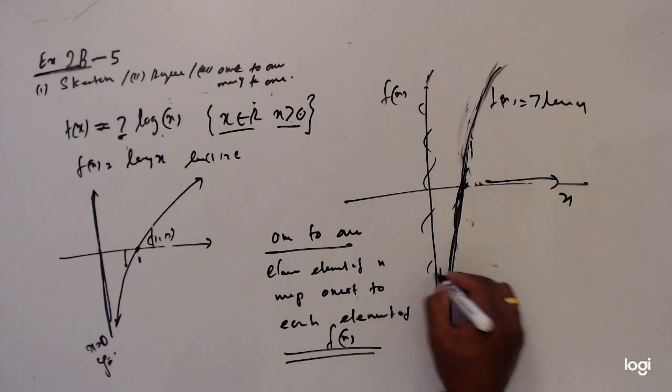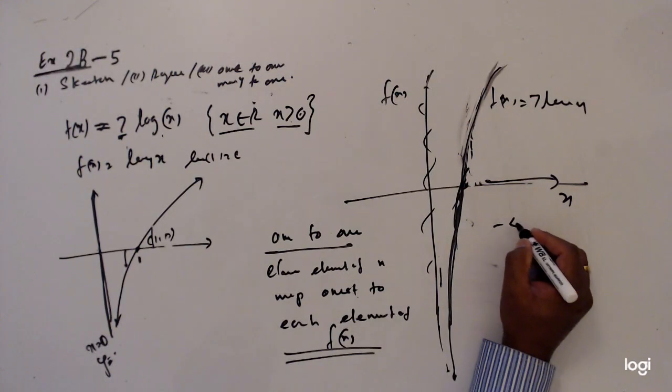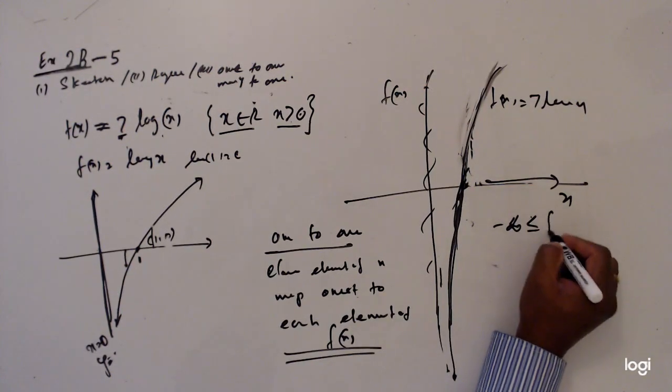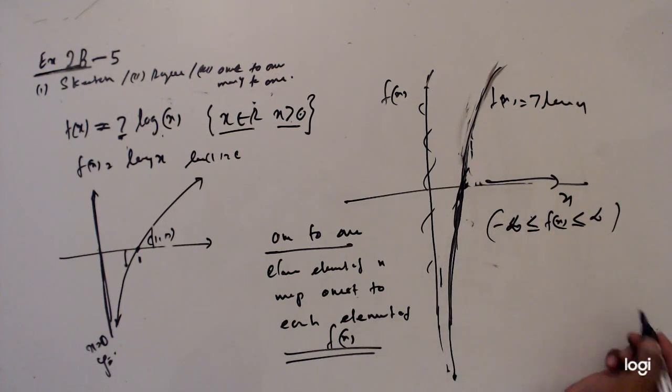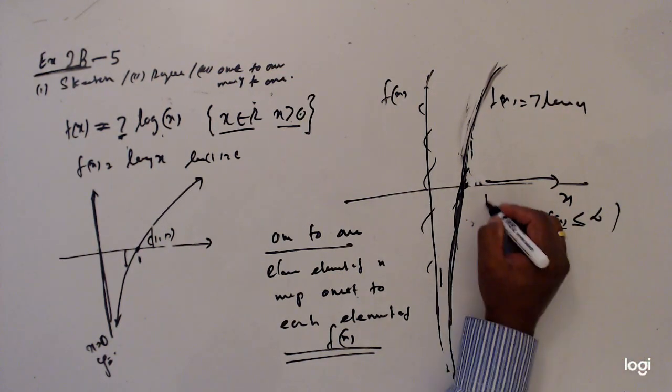So minus infinity is less than f(x) which is less than positive infinity. So you can write the range like this.